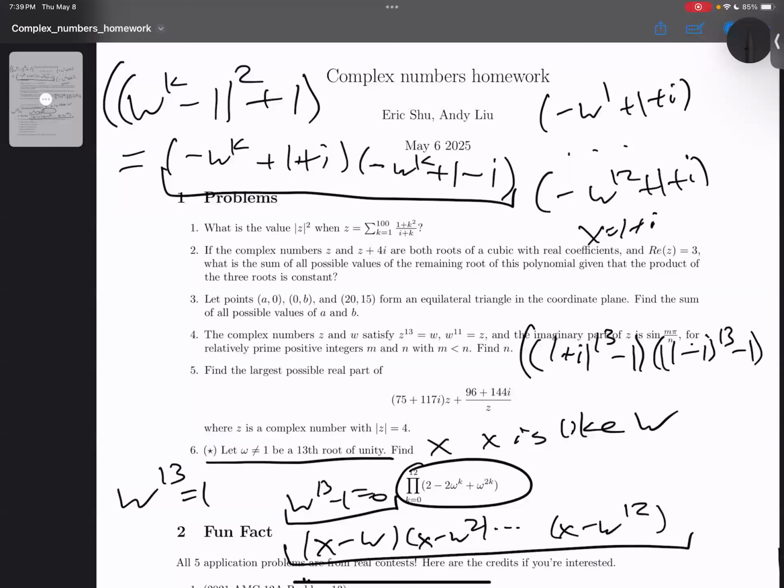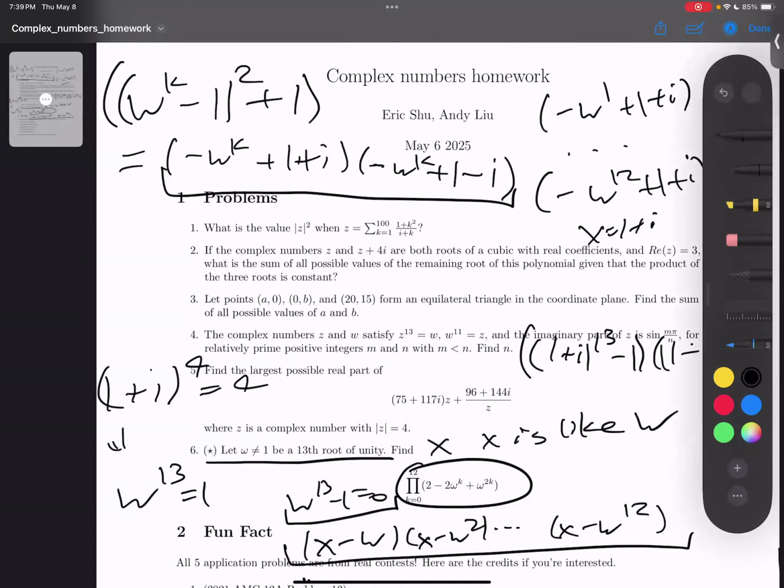I think so. Okay. And now we do some funny observation. We have that 1 plus i to the fourth is equal to 4i, and 1 minus i to the fourth is equal to 4i.